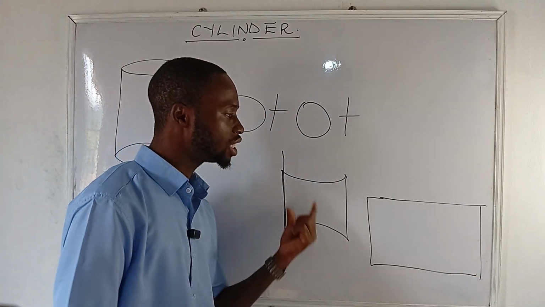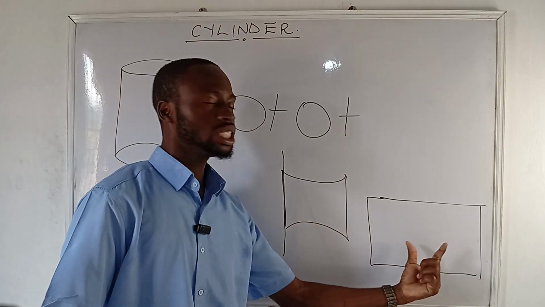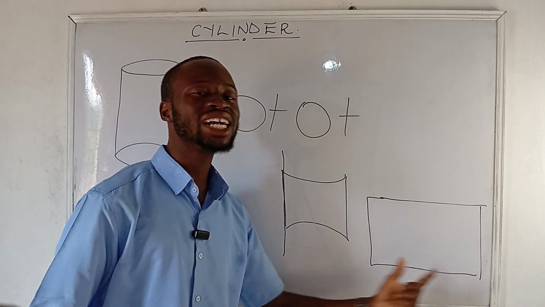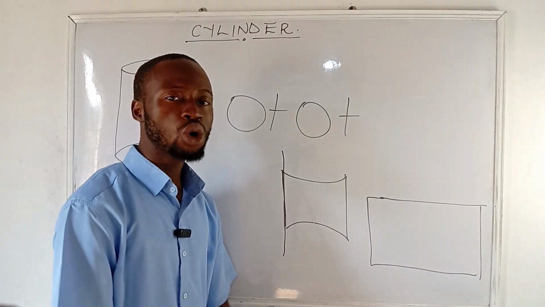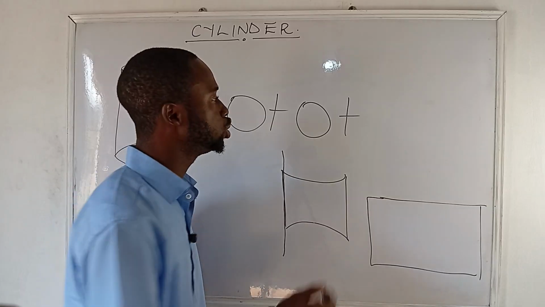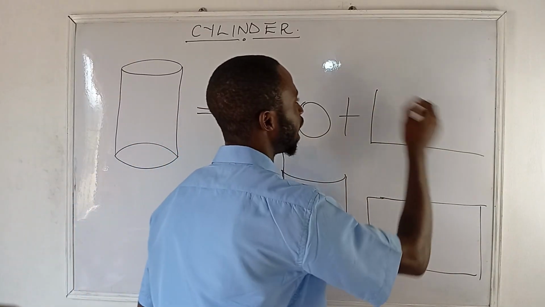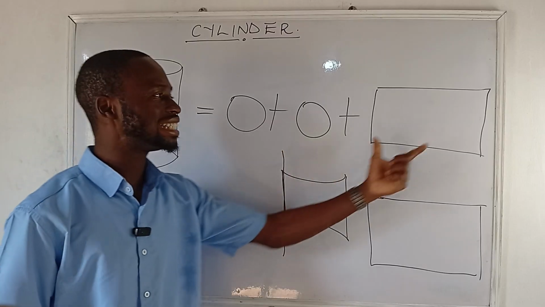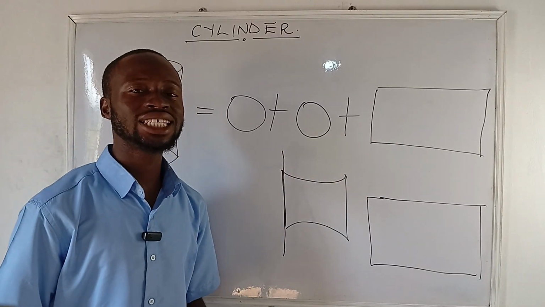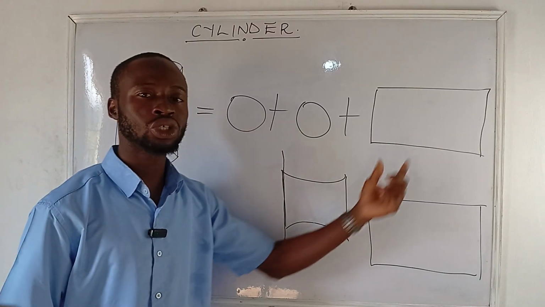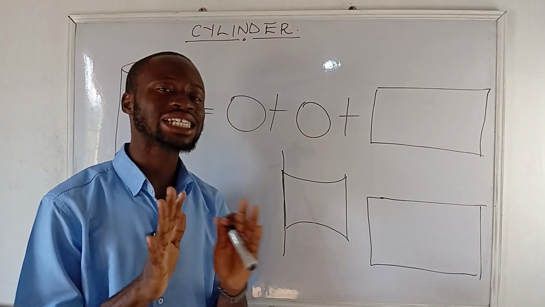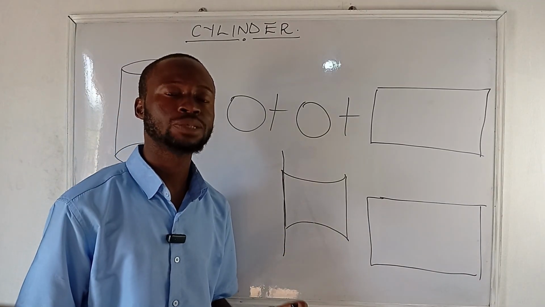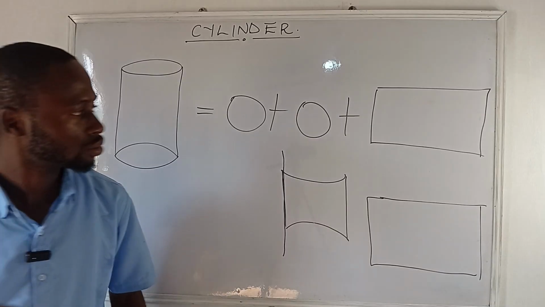So if I divide this middle part, I will notice that this cylinder is also formed from a rectangle. So we could deduce that a cylinder is made up of two circles and a rectangle. The understanding of this will simplify everything we'll be doing in this particular class.